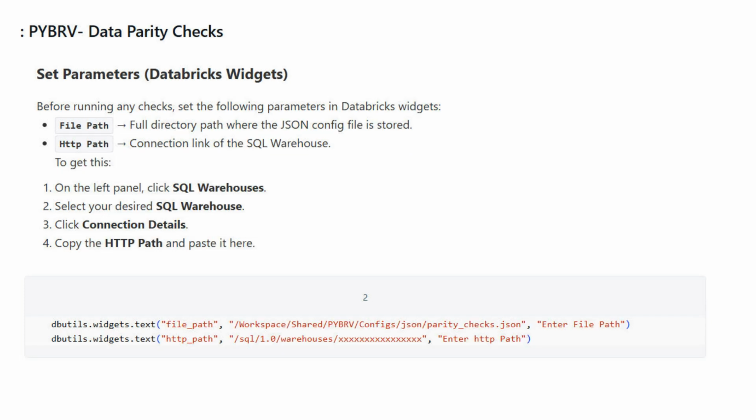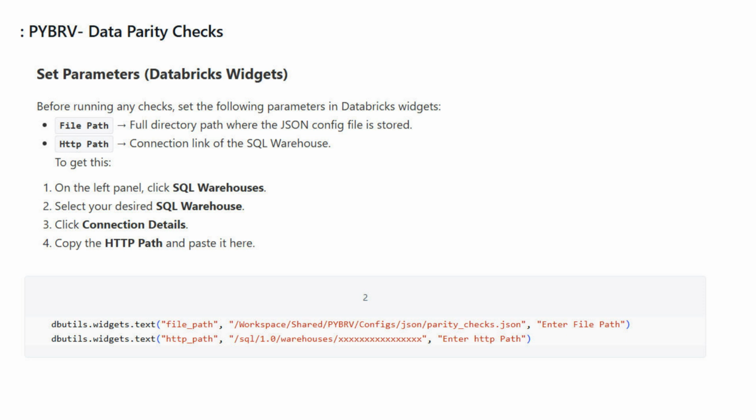Once your rules are ready, the next important step is parity checks. This feature validates data consistency between a source and a target system. For instance, if we want to check the sales transactions table in both a source and target schema, we can use the PYBRV parity checks notebook. Just like before, you'll provide the file path to paritychecks.json and the SQL warehouse connection path.